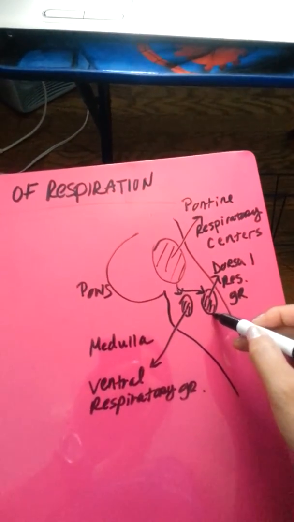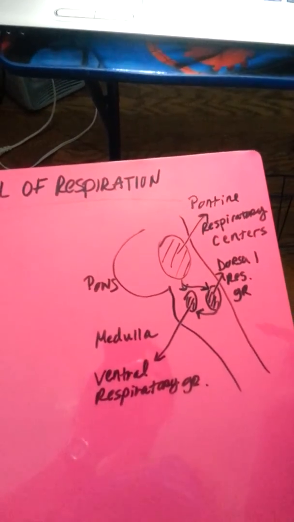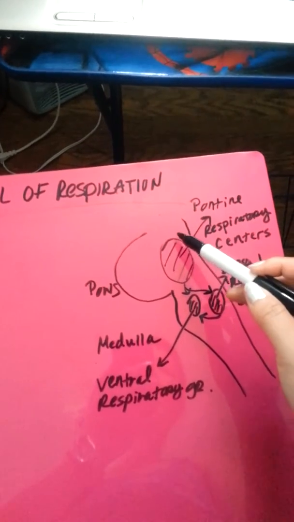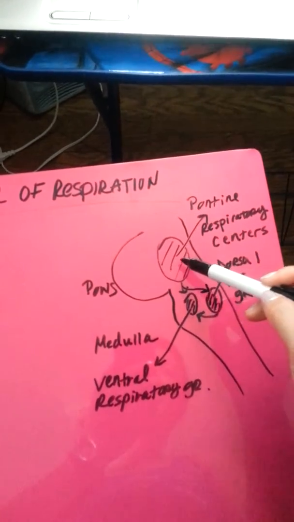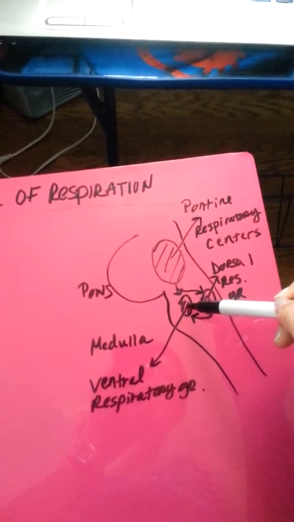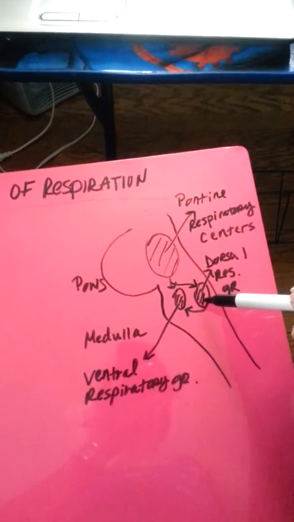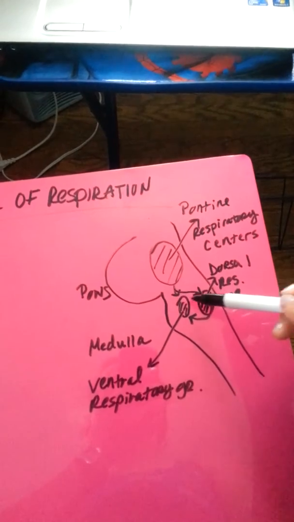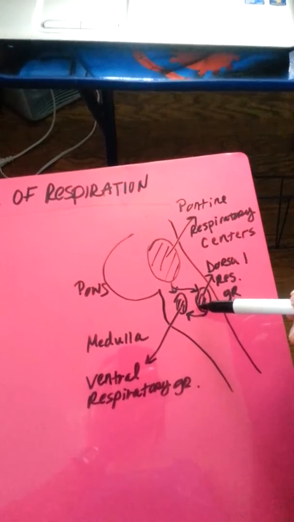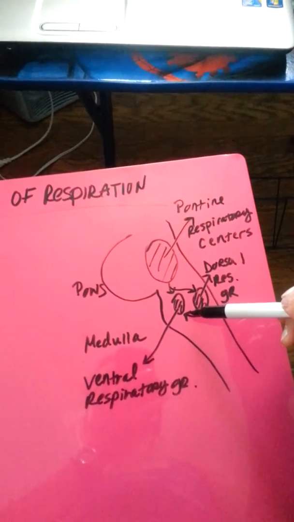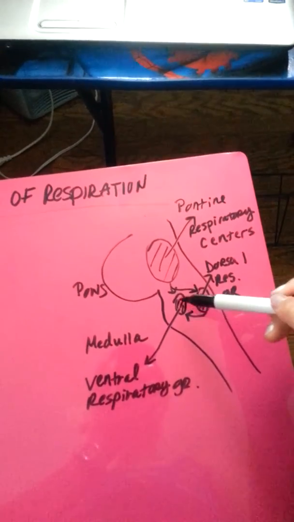Now it goes like this. It comes from the pontine respiratory center down to the ventral respiratory group and the dorsal respiratory group. The dorsal respiratory group integrates peripheral sensory input and modifies the rhythms generated by the VRG.